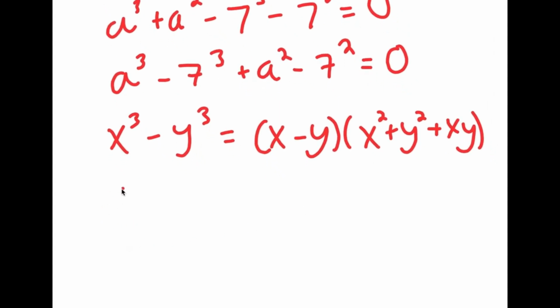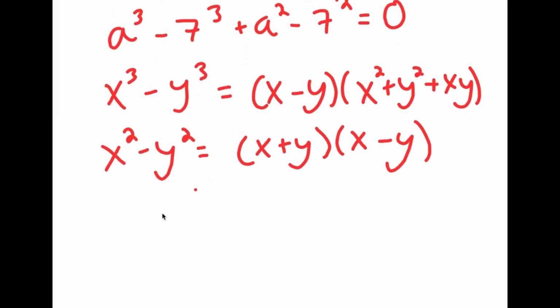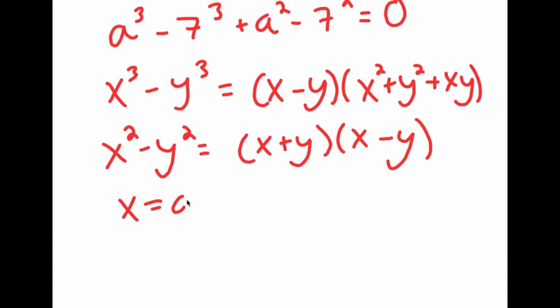And now if I have something in the form x squared minus y squared, this is equal to x plus y times x minus y. So in this case, x is equal to a and y is equal to 7.